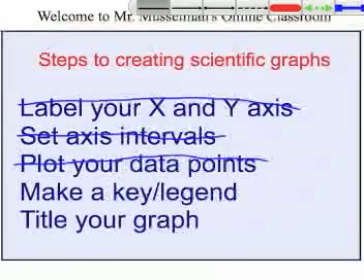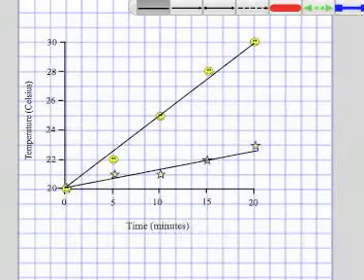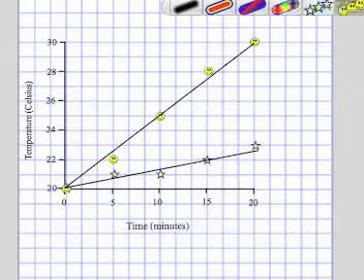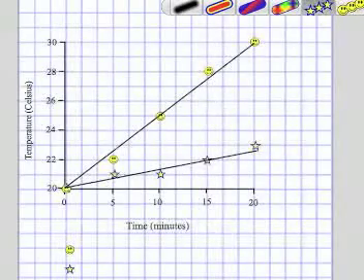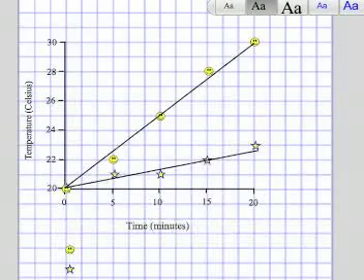We're going to start by making that key, or what others call a legend. If you remember, we used some different types of points for our sand and water. For the sand, we used the smiley faces, and for the water, we used the star points. So in my key down here, I'm going to label each of those data points with what they represent.